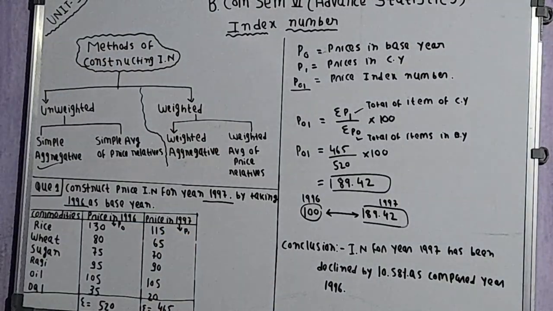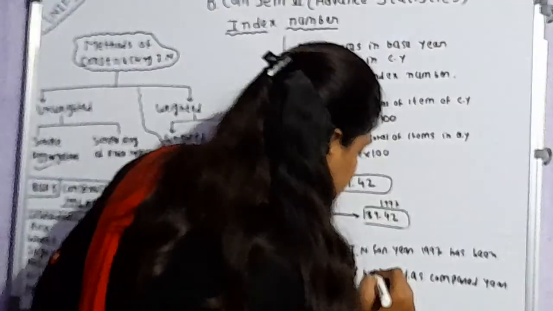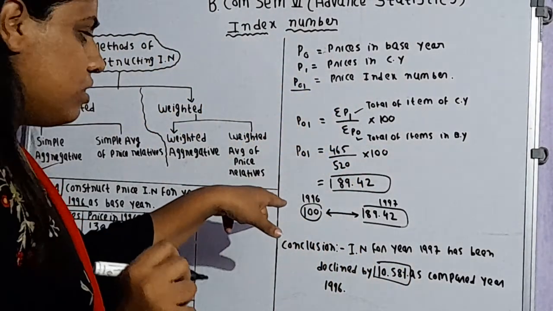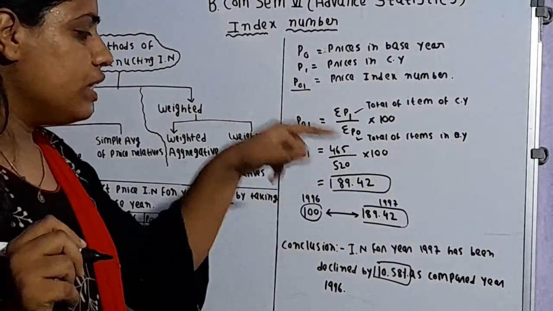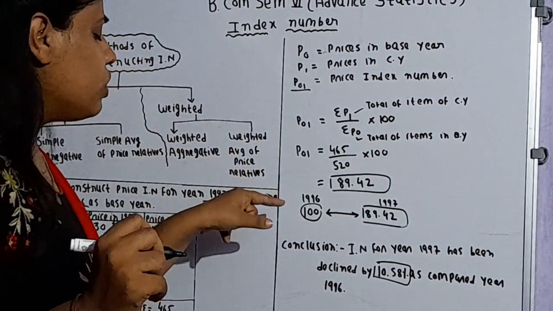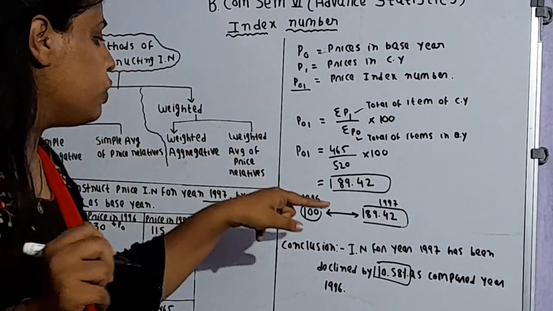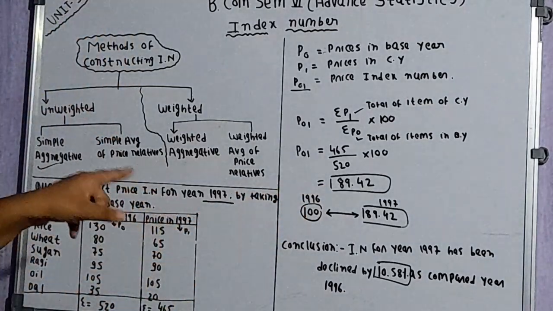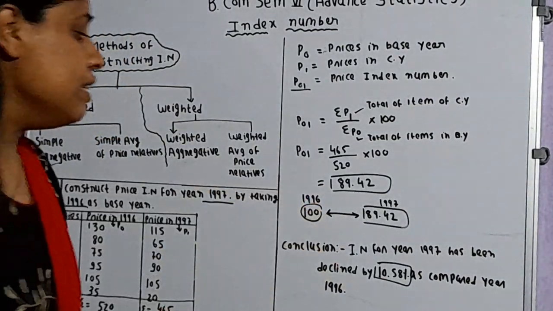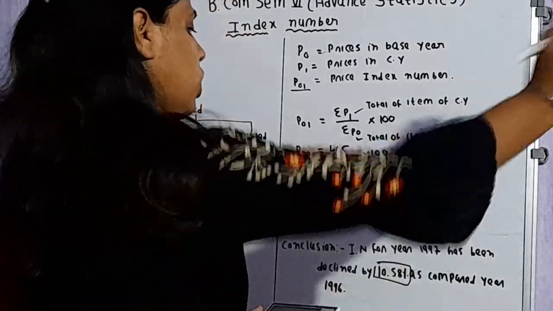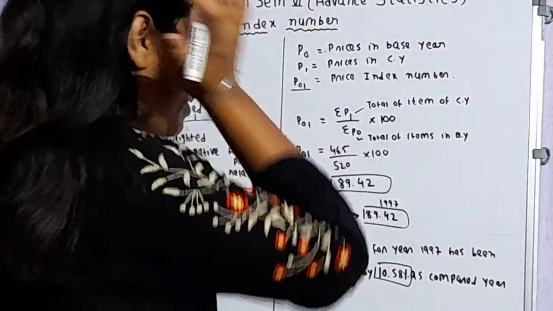How have we calculated this 10.58%? What was the price in the base year? 100. What was the index number? 89.42. Price in 1996 is 100, price in 1997 is 89.42, so we have to determine the difference.